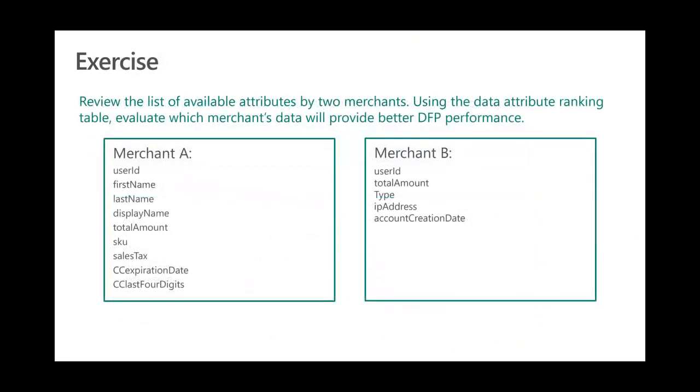An exercise. So the point of this exercise is to show that more data attributes don't necessarily mean more points or better performance. Idea is to get high quality attributes that lead to better model performance and better scores.